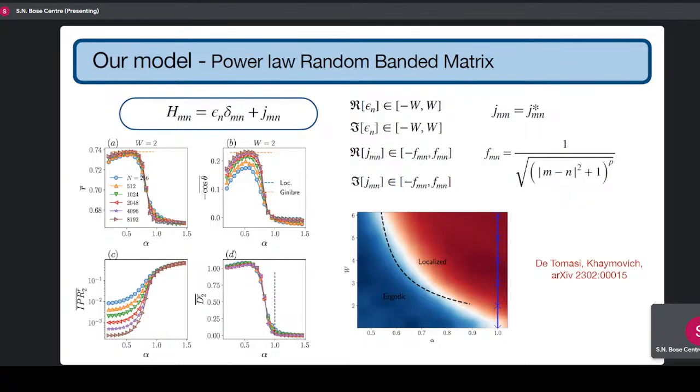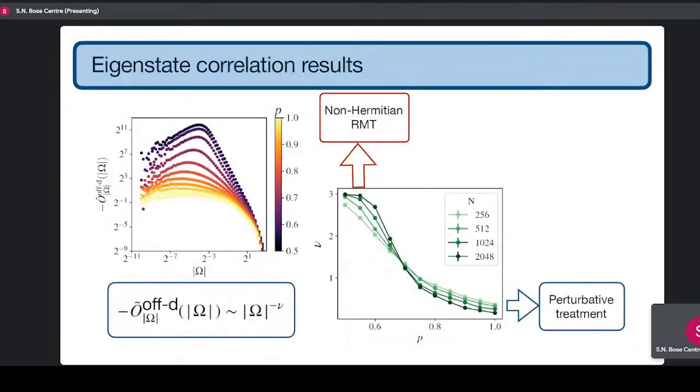What we are doing here is fixing W at some value and varying p to go across the localization transition, and calculating this eigenstate correlation. Here is the plot, where these darker colors are for smaller p, when I'm in the delocalized phase. There the divergent power is minus 3, and as one tunes p, this correlation gets suppressed.